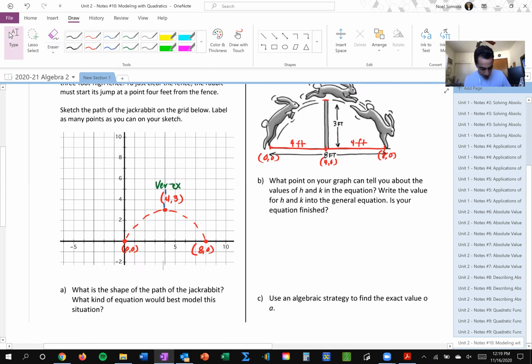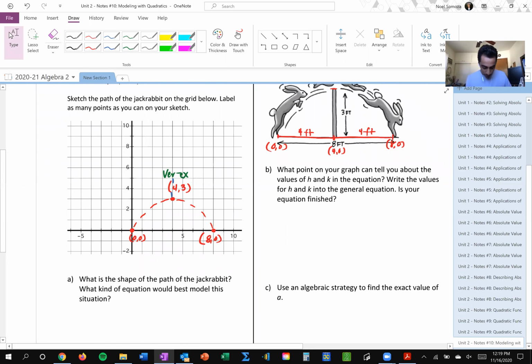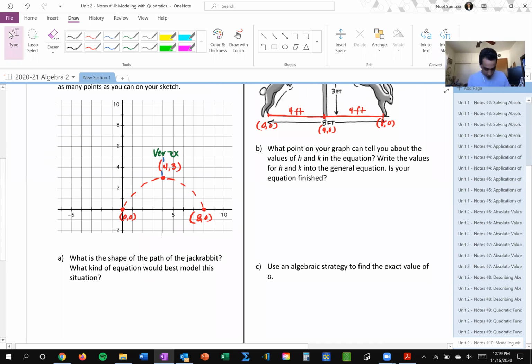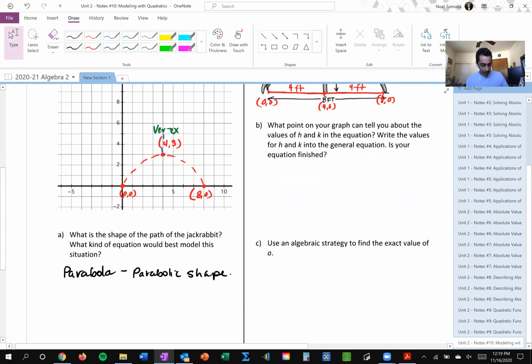All right, so we have a lot of good information here. So what is the shape of the path of the jackrabbit? We already established that. It's going to be a parabola, or parabolic shape. Then it asks, what kind of equation would best model the situation?